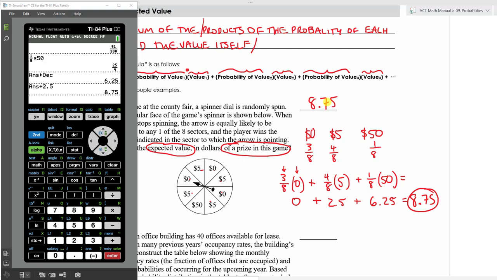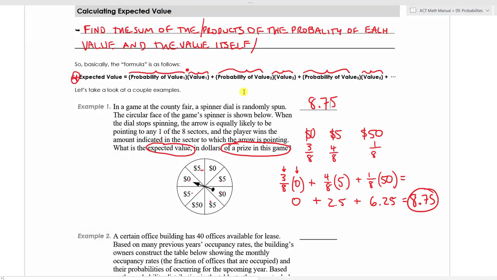Now, just to give you a little bit more detail on what's going on here, you might actually want to look at what the average is of all of the dollar amounts in these sectors. We have 0 plus 0 plus 0. That's the 3 zeros. We have 5 occurs 4 times, so that's 4 5s plus the 50.